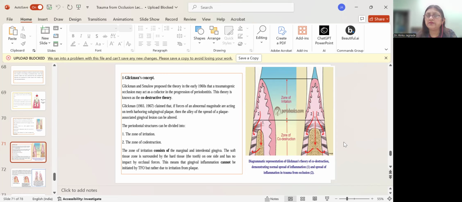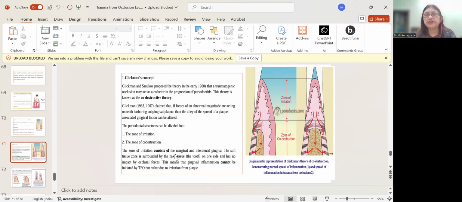Then the spread of plaque-associated gingival lesions can be altered if this lesion reaches the periodontal supporting structures. So he says the periodontal structures can be divided into two zones. Zone of irritation, which is limited to the marginal gingiva, and second is the zone of co-destruction. We will know about it. What is it formed of?